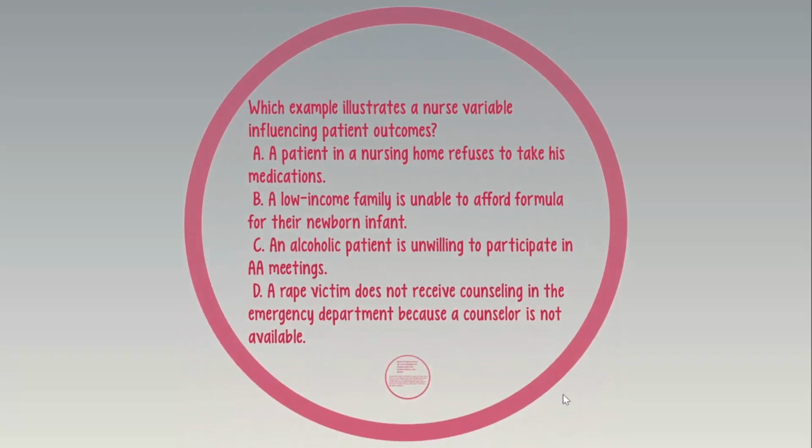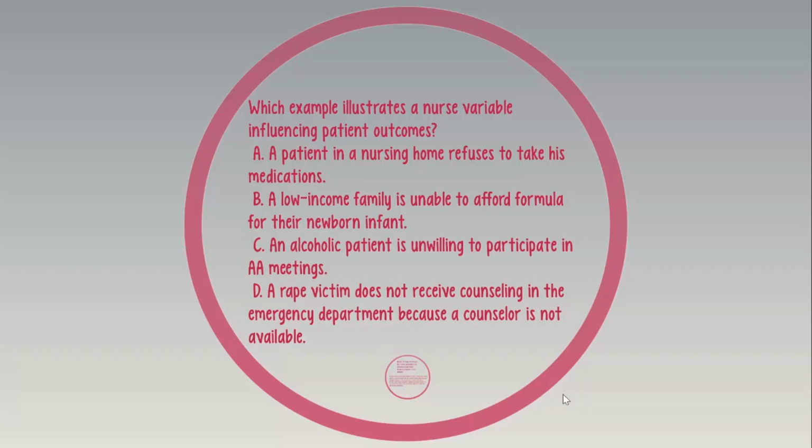So let's do a knowledge check here. Which example illustrates a nurse variable influencing healthcare patient outcomes? So remember, this is looking at the healthcare variable or the nursing variable. So would it be A, a patient in a nursing home refuses to take his medication? B, a low income family is unable to afford formula for their newborn infant? C, an alcoholic patient is unwilling to participate in AA meetings?